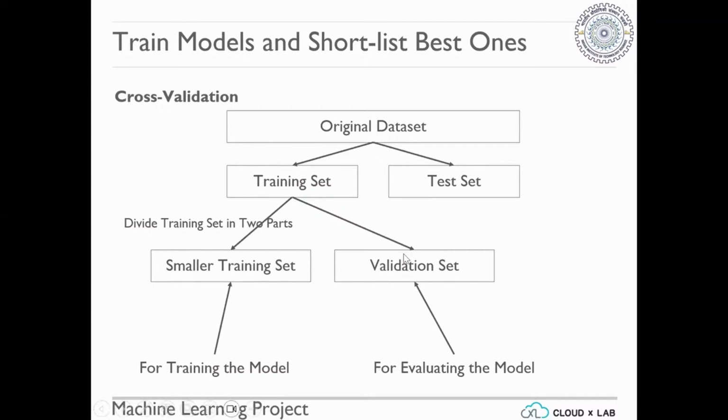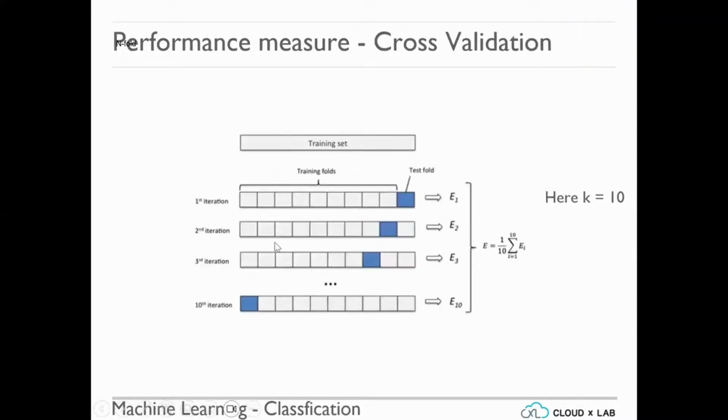So to overcome that problem, what we will do is this division multiple times, right? So as you can see here, we are now dividing the training data into two parts 10 times, right? So here, this is the first division, this is the second division, third division, and this is the 10th division.